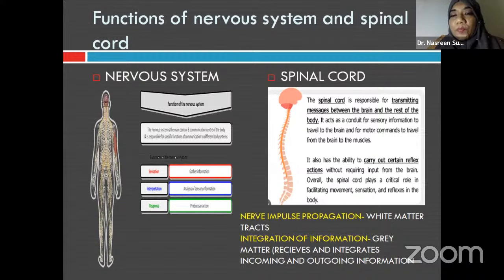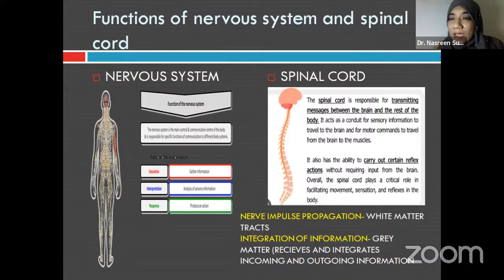Okay, so coming to the functions of your spinal cord, here you can see nerve impulse propagation. Nerve impulse propagation means it is going to propagate the nerve impulse from your different organs to the brain, and from the brain to different organs. Okay. So which area is responsible for nerve impulse propagation? White matter tract. Okay, white matter means these are the axons.